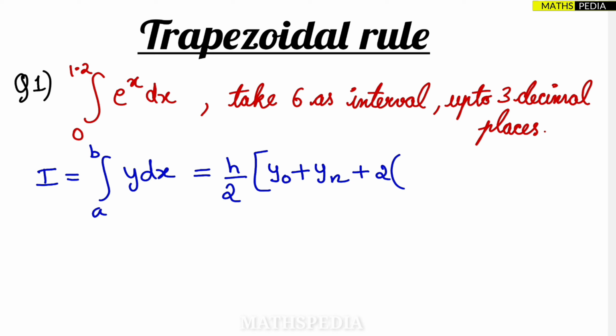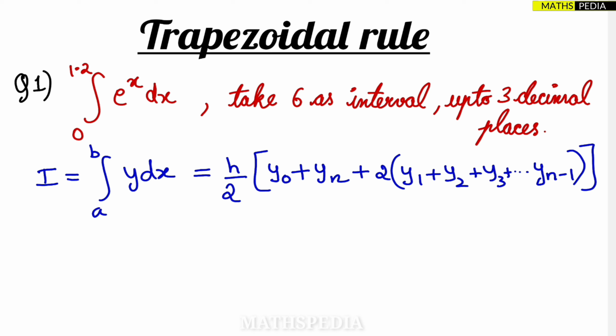So first term, last term, and in between, I would write y1, y2, y3 and so on, up to the second last term, because the last term is already included. This is the simple formula for the trapezoidal rule.